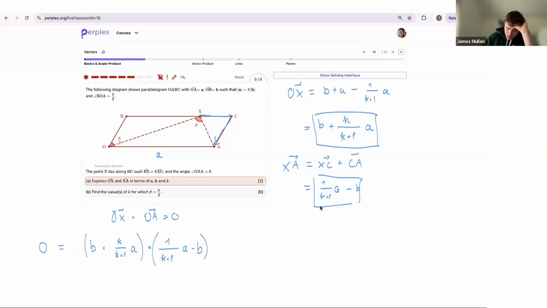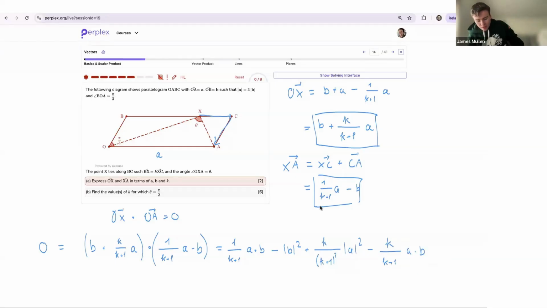First thing I'm going to have is 1 over K plus 1 A dotted with B. Then I'm going to have a minus B dotted with B, which is magnitude of B squared. Then a plus K over K plus 1 squared times the magnitude of A squared, A dot A. And then finally, a minus K over K plus 1 A dotted with B.